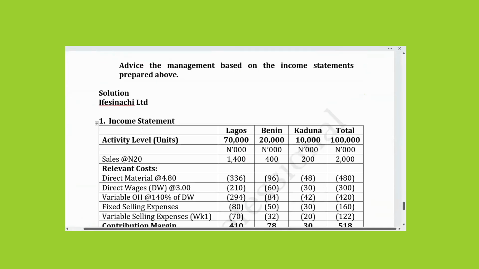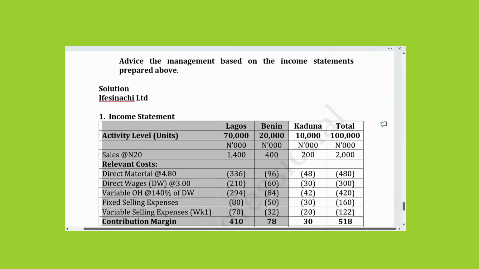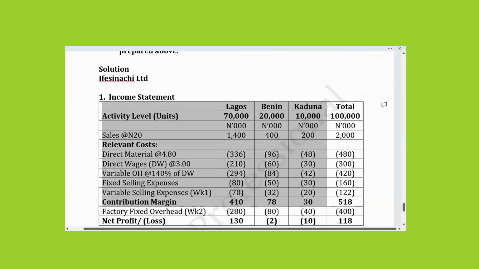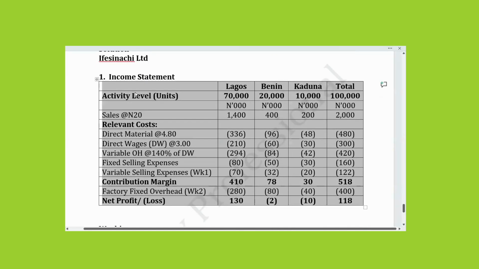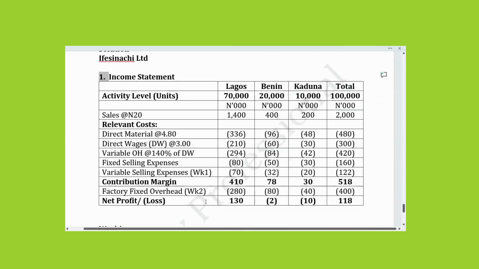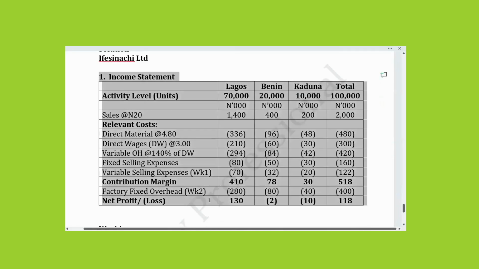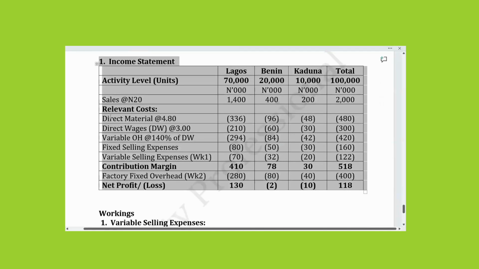In doing this, examiner is simply asking you to calculate contribution margin for each of the depots. The only thing you are not going to include is the fixed overhead, because once you include fixed overhead, it means that you are determining profits. Okay, so what I want you to do here is to prepare the contribution margin statement. All right. So I will then come here, requirement number 2.